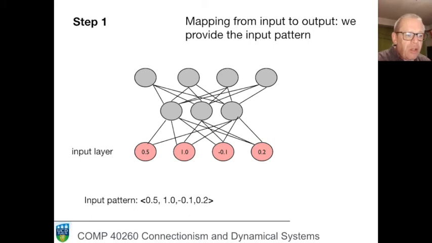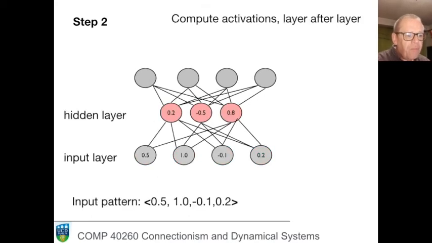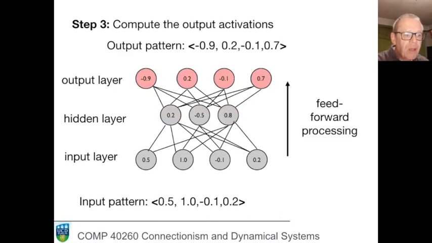Now, the units in the hidden layer all receive input from this input layer, and they calculate their net input values, calculate their activation functions, and the result is shown there. So now we have values at the hidden layer, and now we can repeat the process for the output layer. They will compute their net inputs, compute their outputs, and so we have a mapping now.